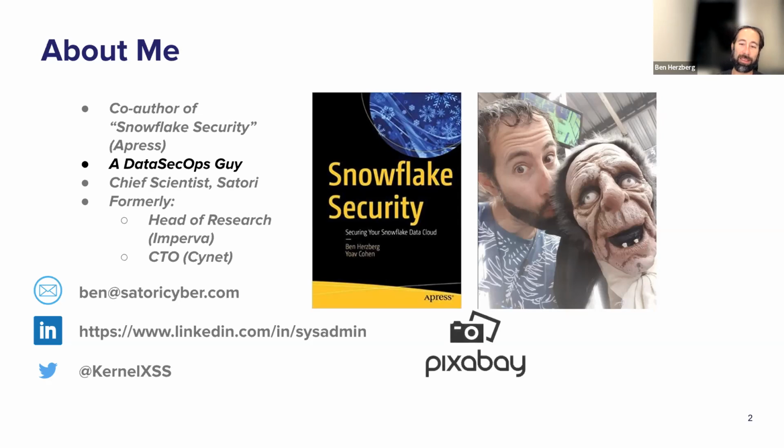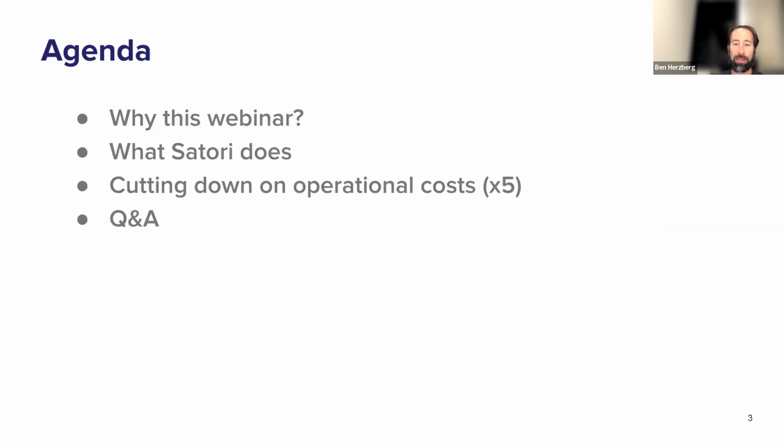And besides that, let's talk about this webinar. We are going to speak about why this webinar, why this topic of reducing operational costs, about Satori and what Satori does. So it makes sense to explain some of the cases that I'm explaining, and then I will present briefly, in an aggregated way. We like aggregating stuff in data, right?